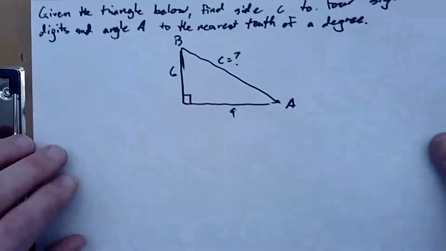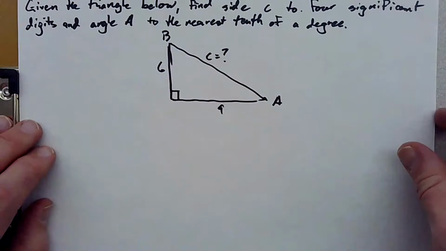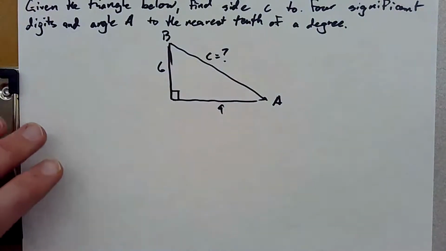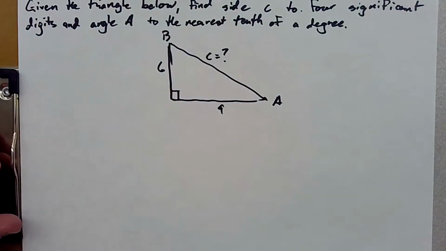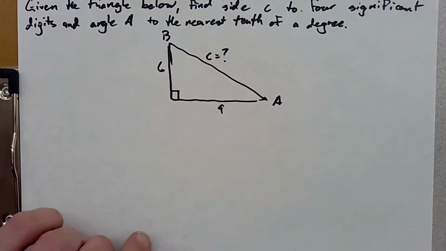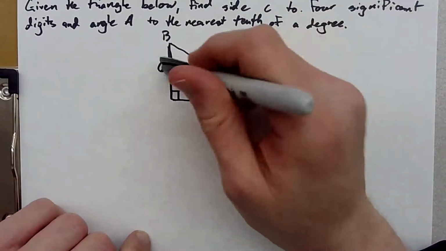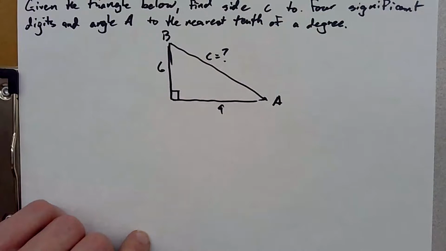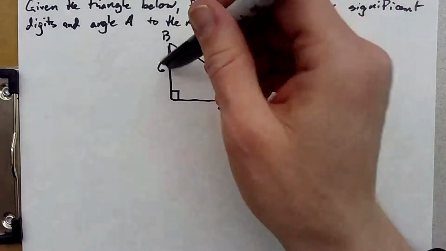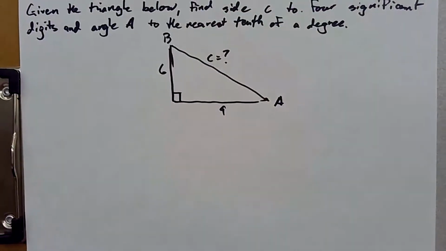Next up, given this triangle, find side C to 4 significant digits and angle A to the nearest tenth of a degree. We're given the size of these two sides, 6 and 9.